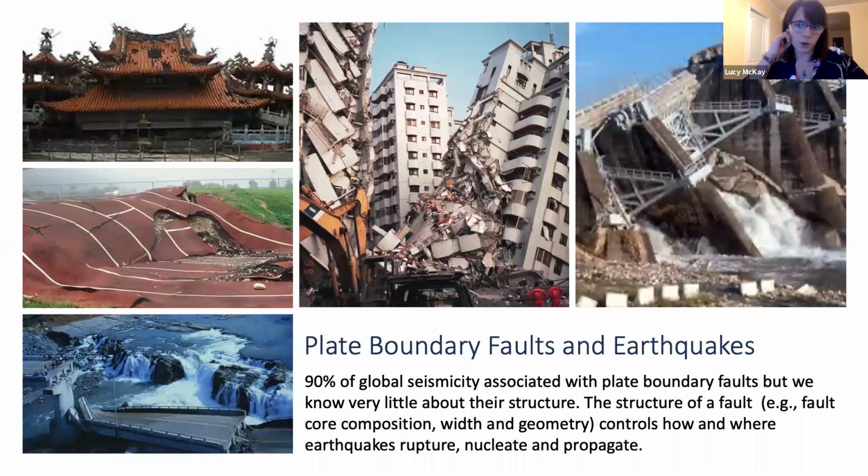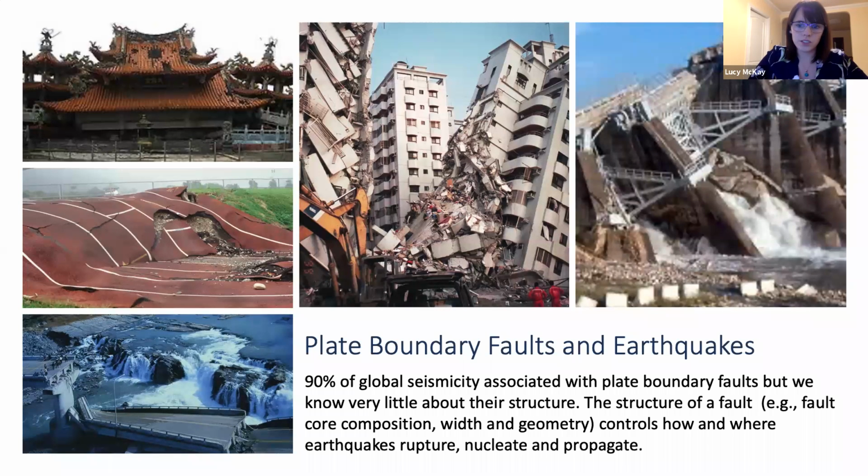So for example, the 1999 magnitude 7.7 earthquake along the Chelungpu Plate Boundary Fault, which was the second deadliest earthquake in Taiwan's recorded history, saw significant variations in slip and ground motions at different locations along these faults, which is shown in these images.